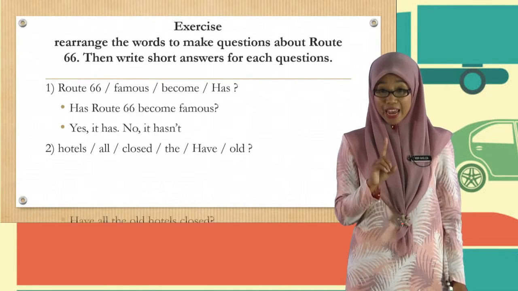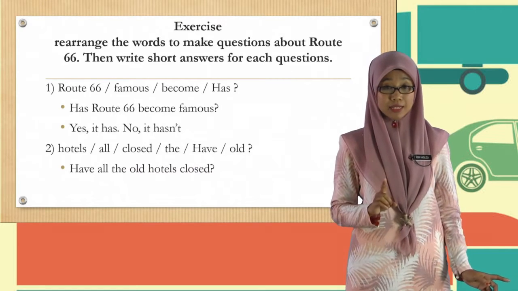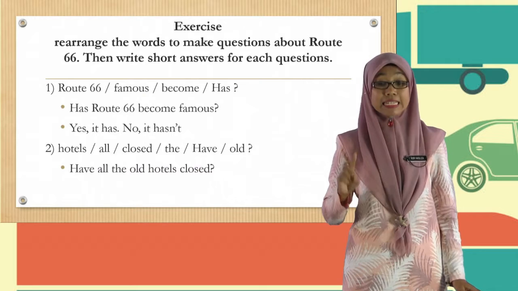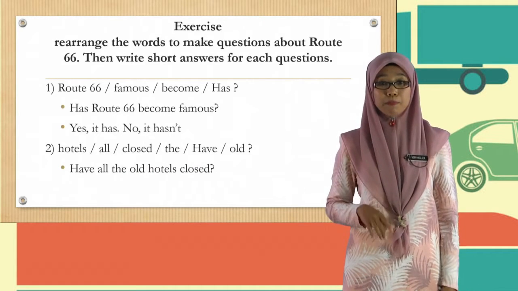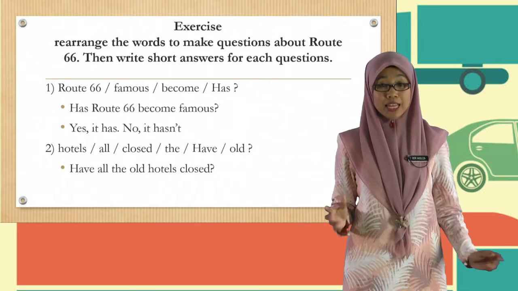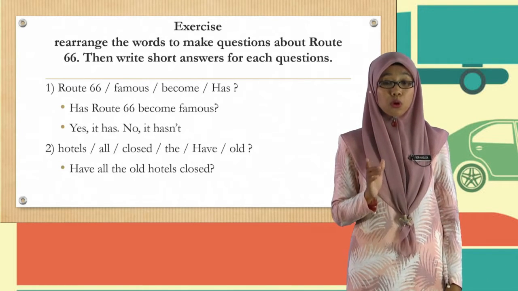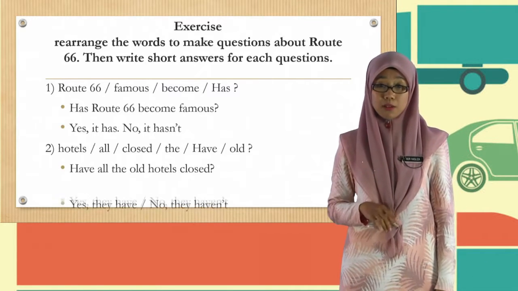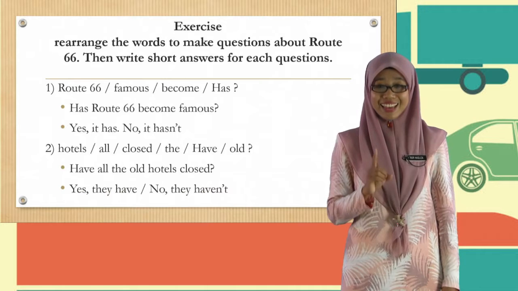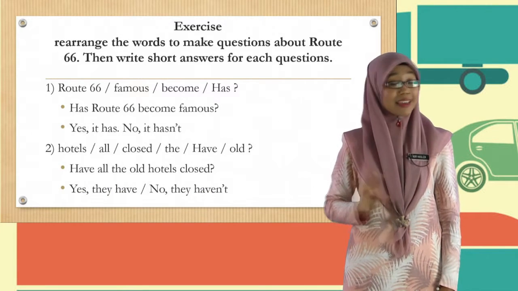Yes, have should be placed at the beginning of the question. All the hotels is the subject. Close is the verb in past participle. So, the answer is, have all the old hotels closed? You can write short answer for this question, either yes, they have, or no, they haven't.